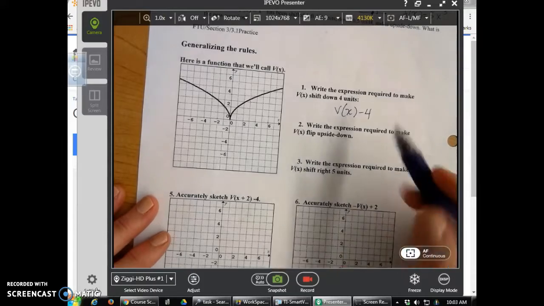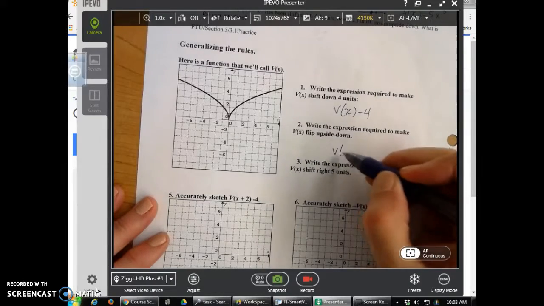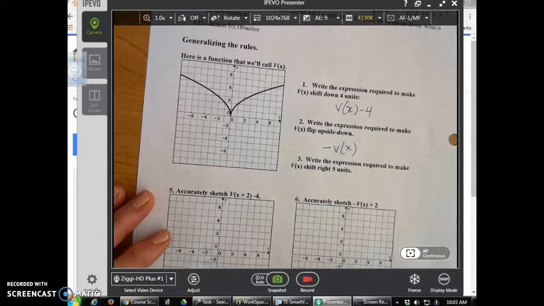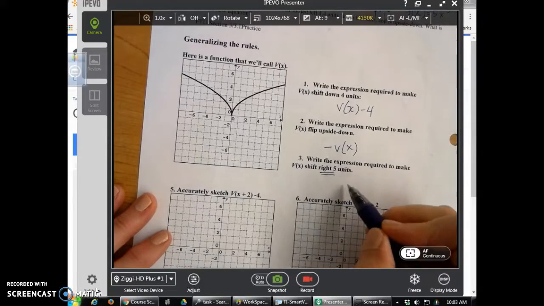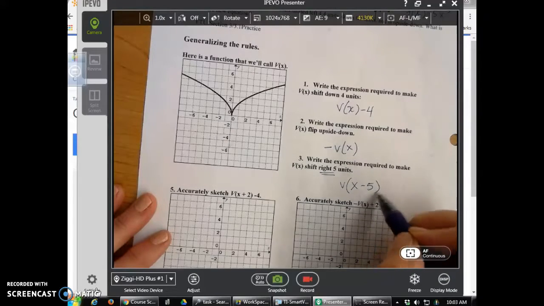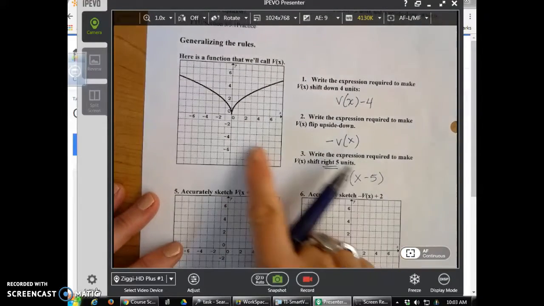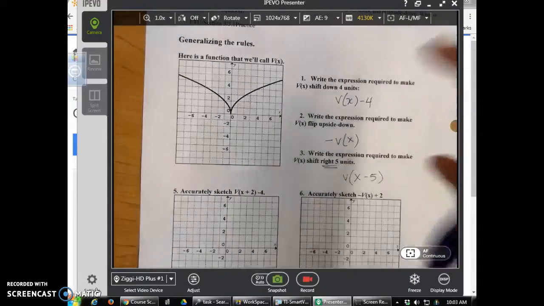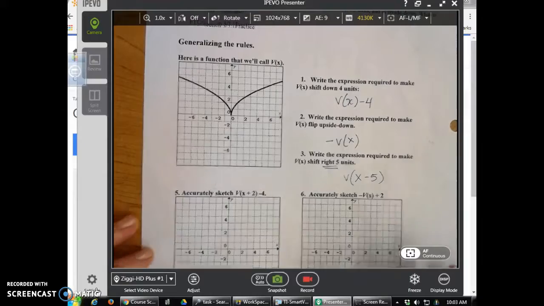If it's flipped upside down or reflected, it would just be a negative v of x, just like that. And if you want to shift it 5 units to the right, you're going to say v, and it's going to be x minus 5. That will shift it 5 to the right, no matter what the parent function actually is. So this is going to be useful for every function that we learn this unit.